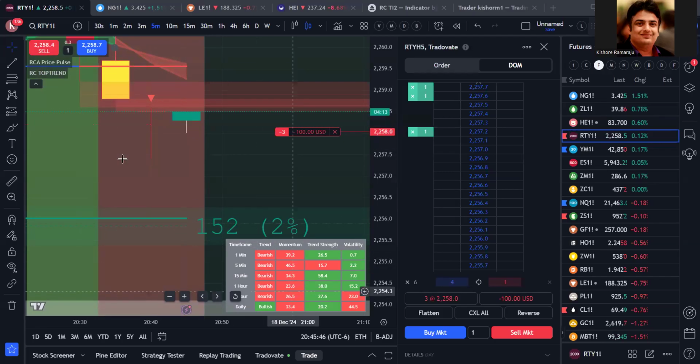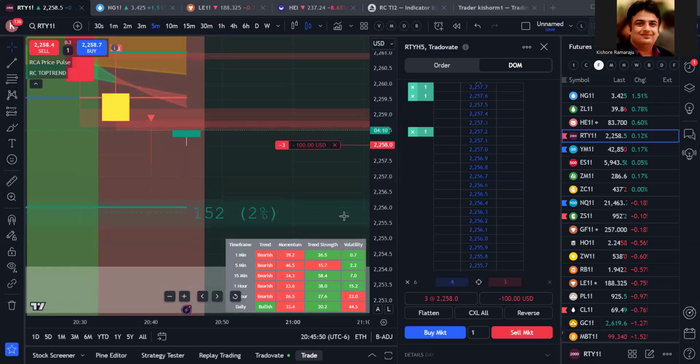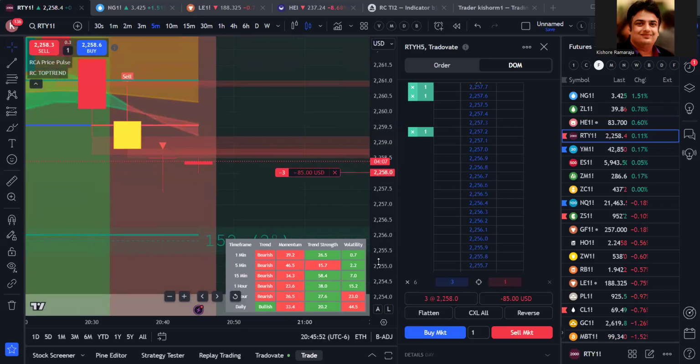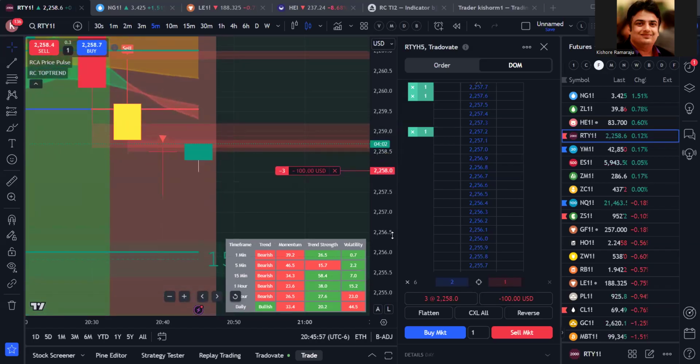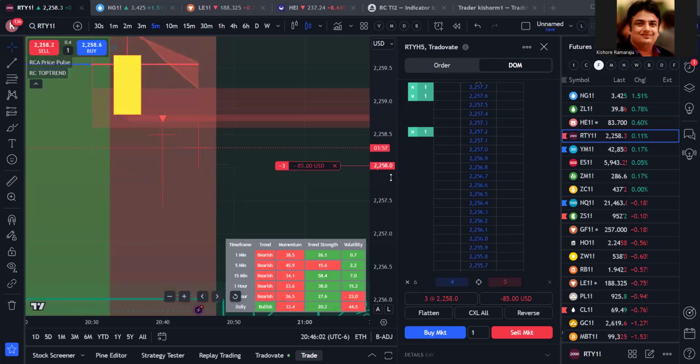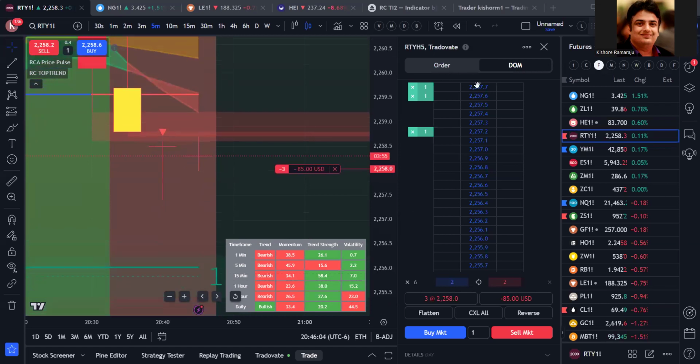If everything is green, you can go long positions. Yeah, to trade on multiple Tradify accounts, you need a Replicanter.